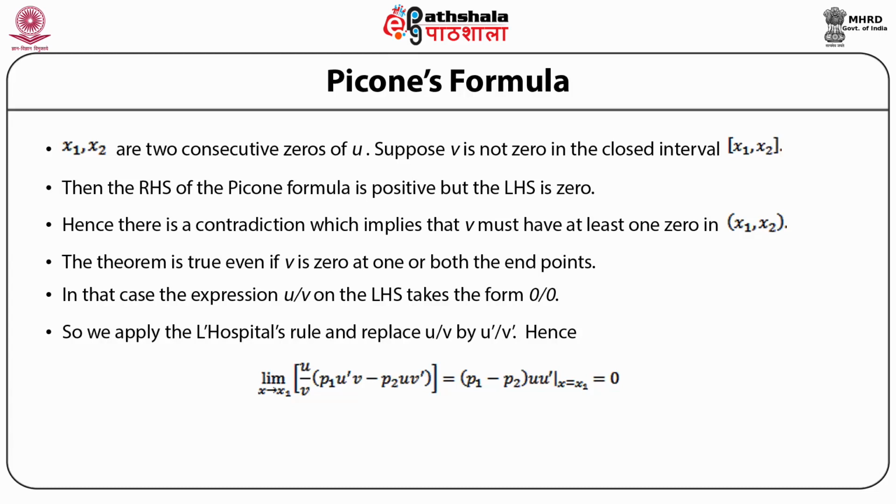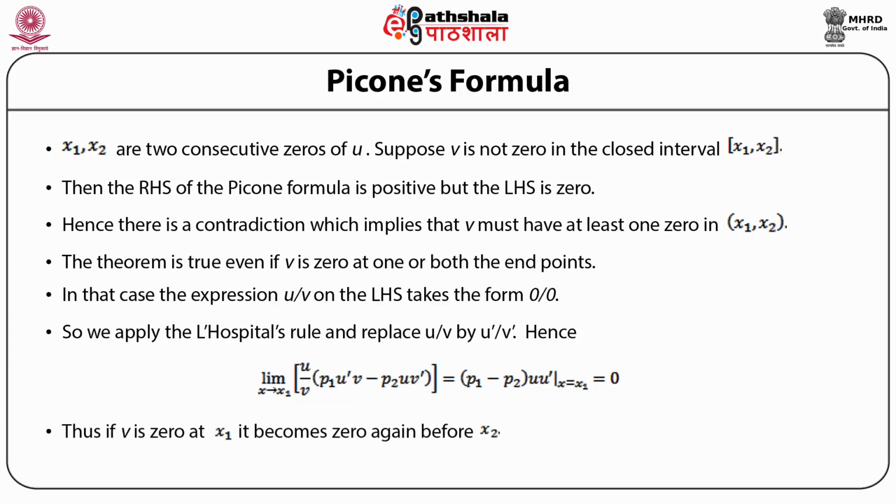Hence, the limit as x tends to x1 of [(u/v)(p1 u' v - p2 u v')] is equal to (p1 - p2) u prime at the point x = x1, which will be equal to 0.